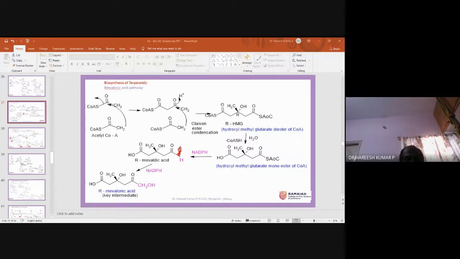These two give a common intermediate, a tertiary carbocation, and after the formation of the tertiary carbocation, the OPP can attack again, forming an intermediate. This on hydrolysis gives rise to linalool. This is about the synthesis, more particularly the biosynthesis, of linalool. So with this, I will go to the next slide.